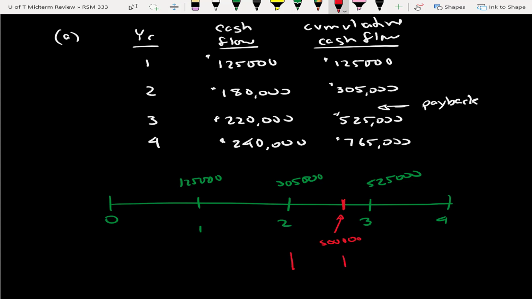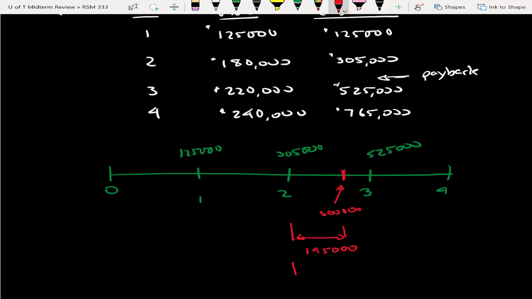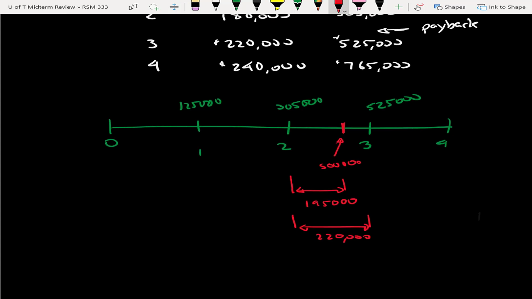So how far away is that after year two? That's going to be 195,000. Okay, so what I'm saying there is at the end of year two, we had 305,000 generated. To get to 500, we needed to do 195 more. And how much did we do in the full year for the year three? We did the 220. So the difference between those two numbers.